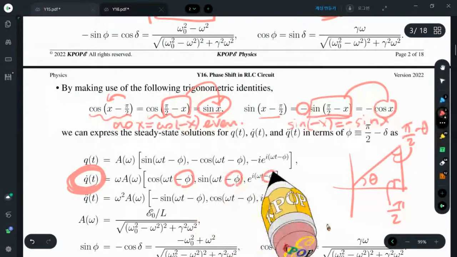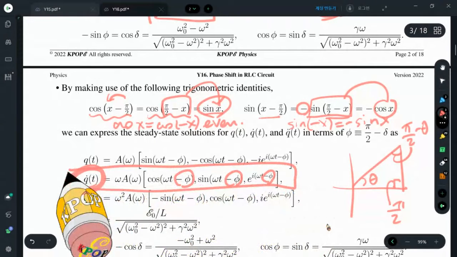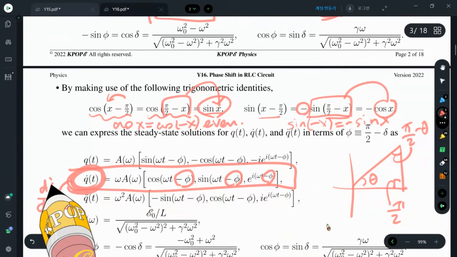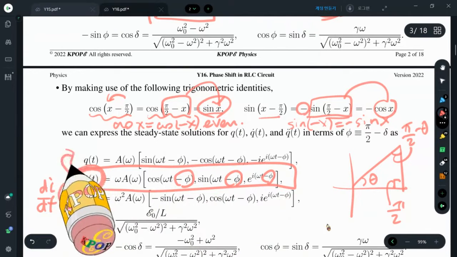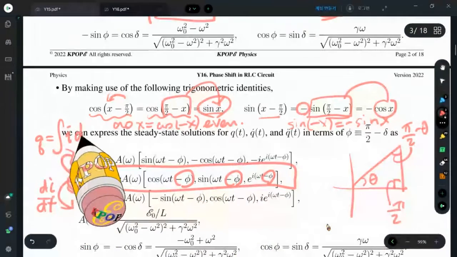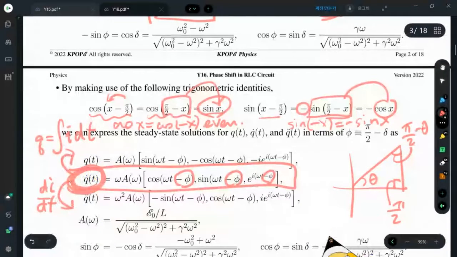We consider this, and from this, we find another derivative, that is the time derivative of current, and we have integration Q, that is the time integral of current.